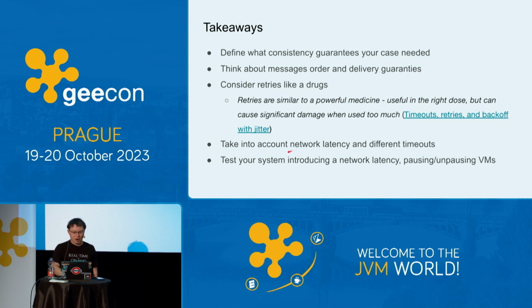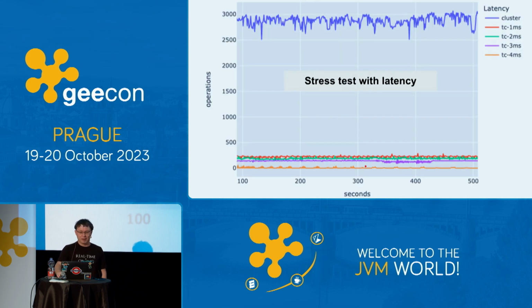By introducing network latency, you can find very interesting behavior. For example, this behavior we found recently in our system: under stress testing, so the maximum load, the maximum capacity that we could put in our system, introducing even a small latency could significantly impact your performance.